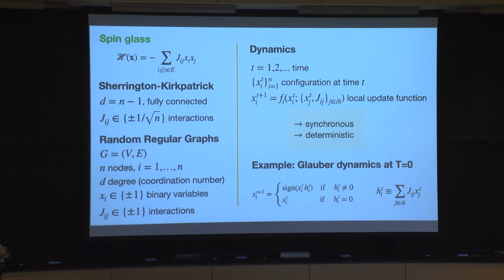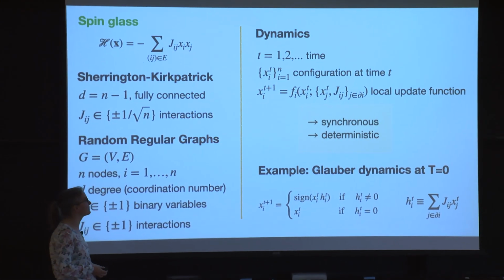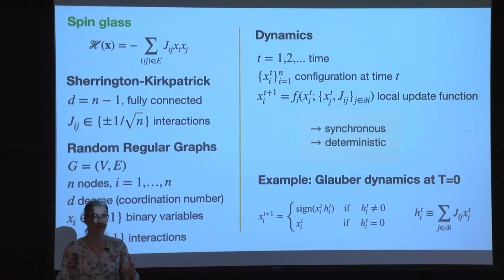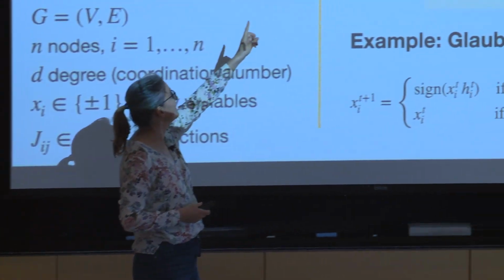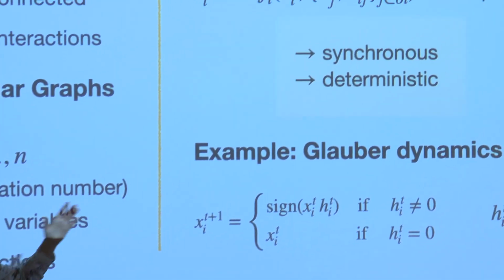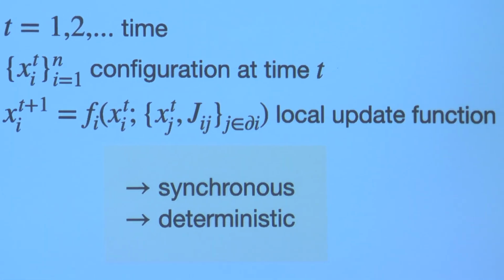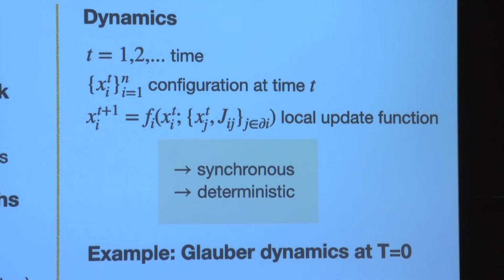Now the question is, what about the dynamics? So first of all, which dynamics? The one I will be talking about, something simple. We will be just walking in the space of configurations, in these 2 to the n configurations, and we will be updating each x at every time. So we have discrete times, and at every time each x will be updated based on some function of itself and its neighbors.